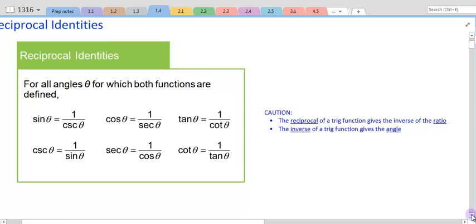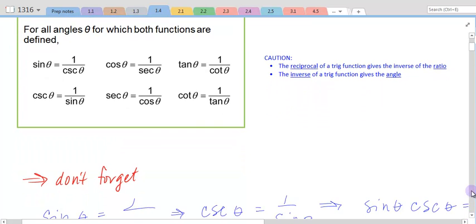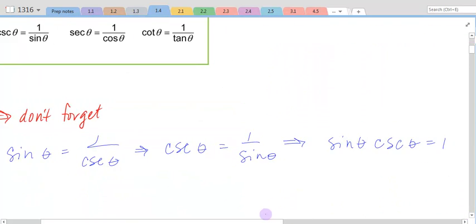One other thing I want you to remember is that if I'm talking about a reciprocal identity, here I've written down the sine of theta is equal to 1 over the cosecant of theta. I can rewrite this single identity 3 other ways.